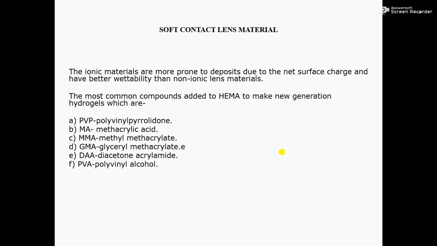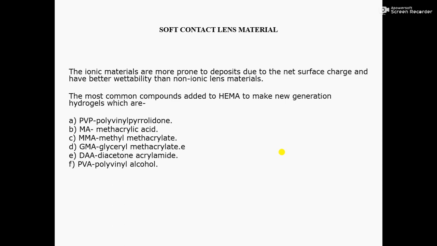And what is net negative charge? An ion is an atom that has lost one or more electrons, giving it a net positive charge, that is a cation, or that has gained one or more electrons, giving it a net negative charge, that is an anion.